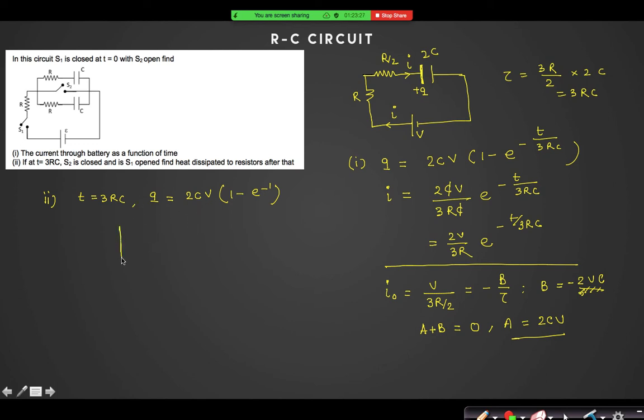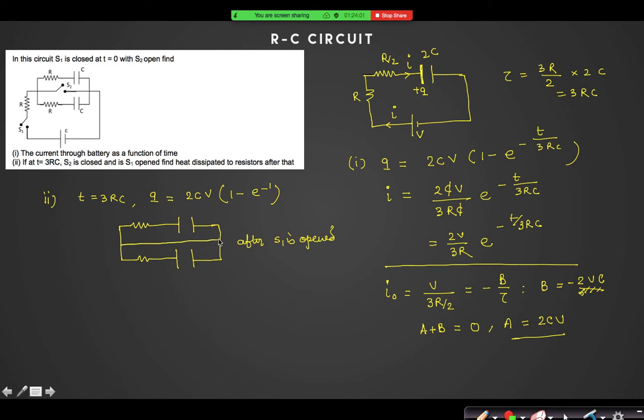Can I say that at this instant, and what is the heat dissipation after that? So at this instant, the circuit looks like this. After S1 is opened, S2 is closed.